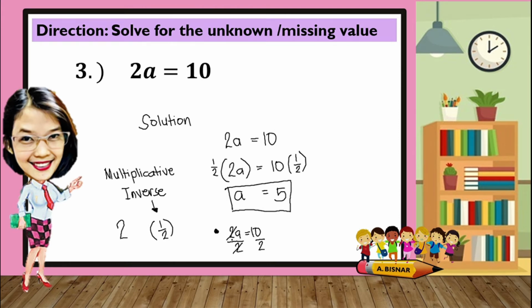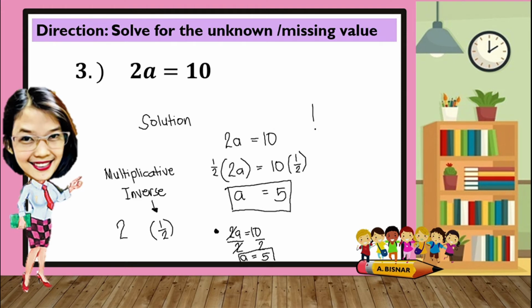So you'll have here 1a, and 1a can be written as a only, because if the numerical coefficient is 1, you don't need to write it anymore. Then, perform the operation here. 10 divided by 2, the answer is 5. So as you observe, you just get the same answer. So it's up to you whether you're going to use this or this.